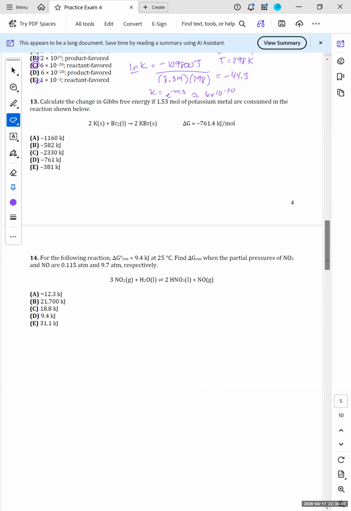Okay, so for 13, again, I'm using changes in Gibbs free energy, and I'm going to write out what I know in order to keep everything straight. We have our delta G, we have two, two. Okay, it's already balanced.